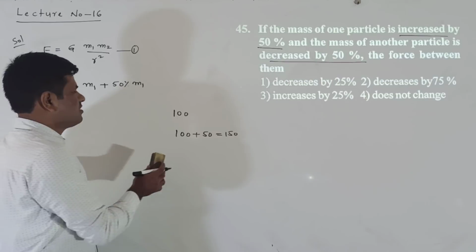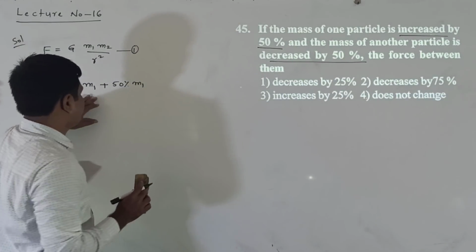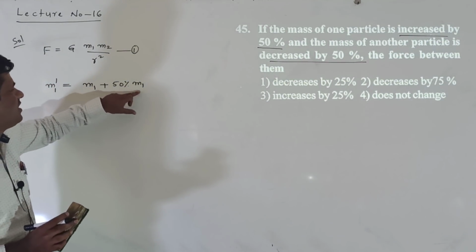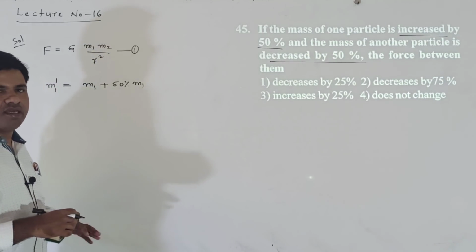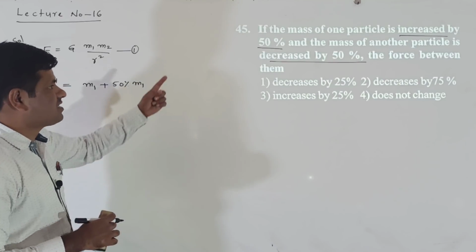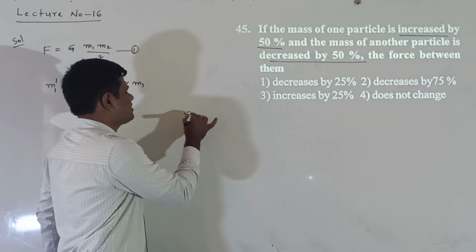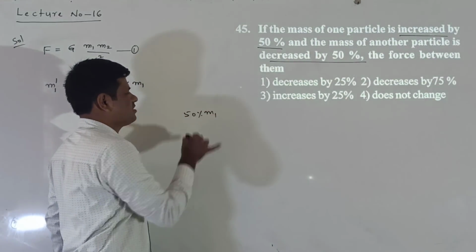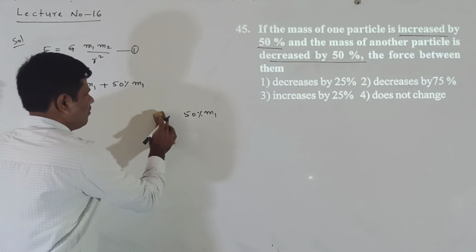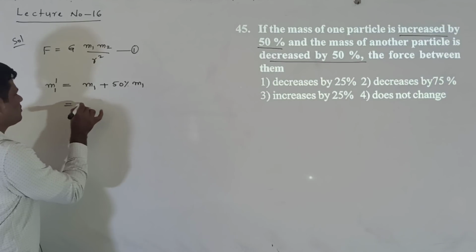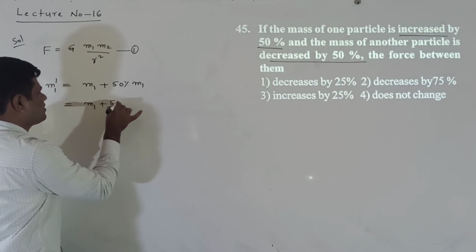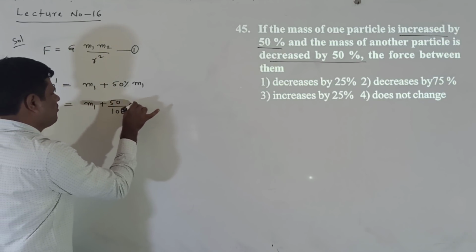Similarly here, 50% is increasing means 50% of the m1 mass is added to the m1 mass. Increasing means adding. How much percentage? 50% of the initial mass, which is m1. So I am writing m1 plus 50% of m1, that is m1 plus 50 by 100 into m1.